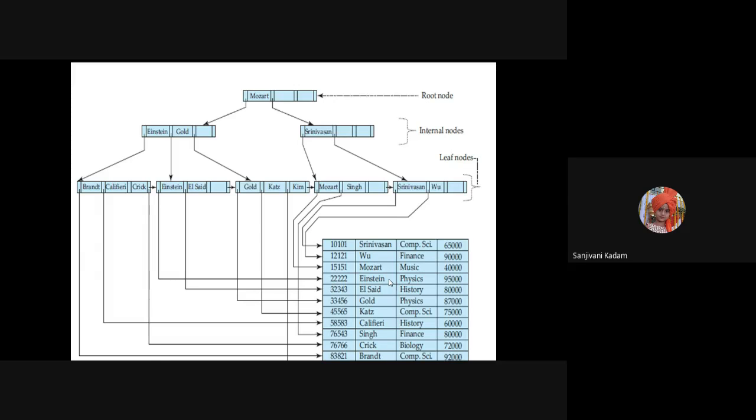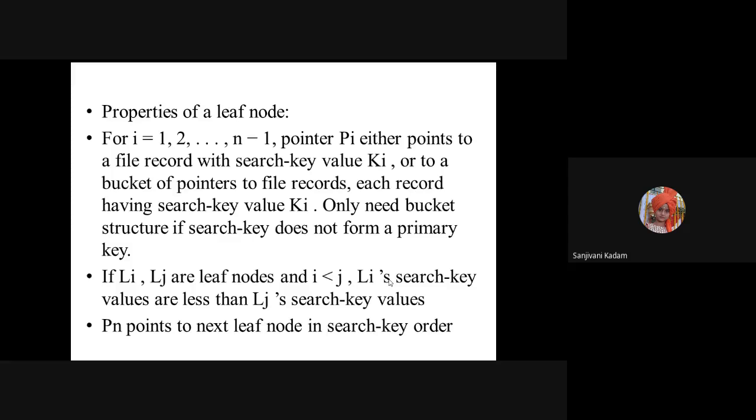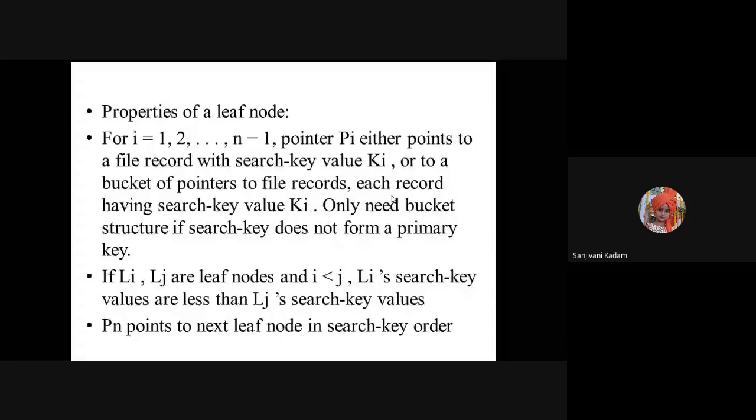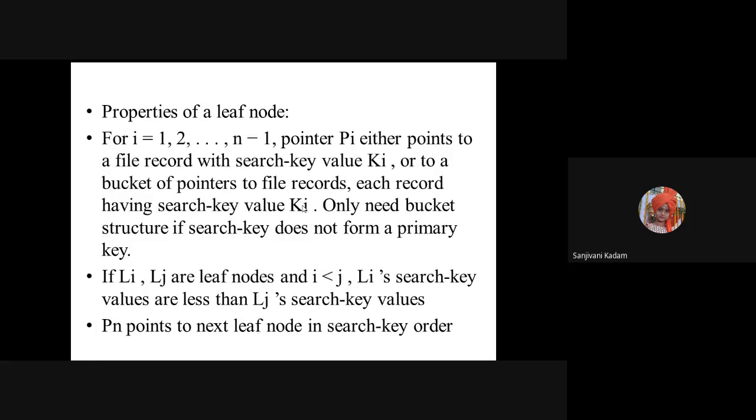Okay, so let us read the explanation. For i equal to 1 to n minus 1, pointer pi either points to a file record with search key value ki, that is, an Einstein record, or to a bucket of pointers to file records, each record having search key value ki. Every value like Einstein will need the bucket structure.